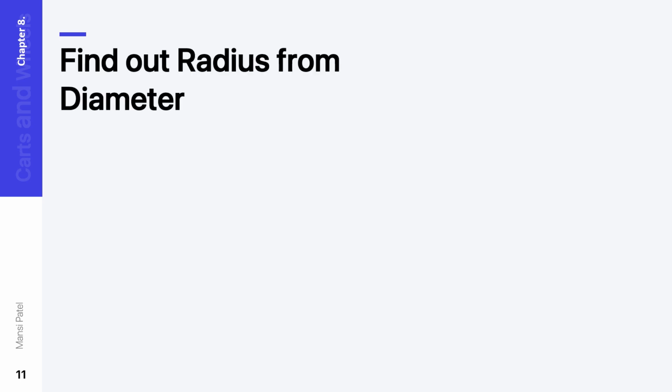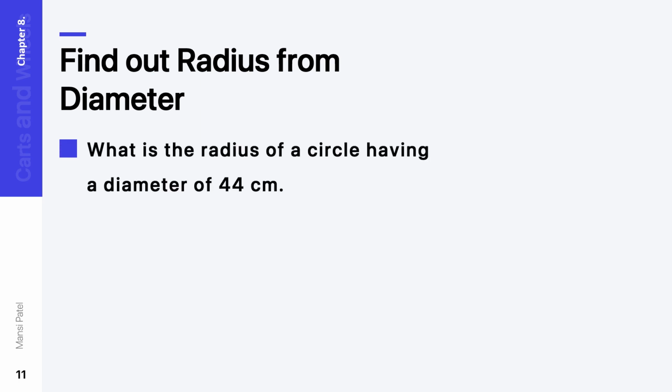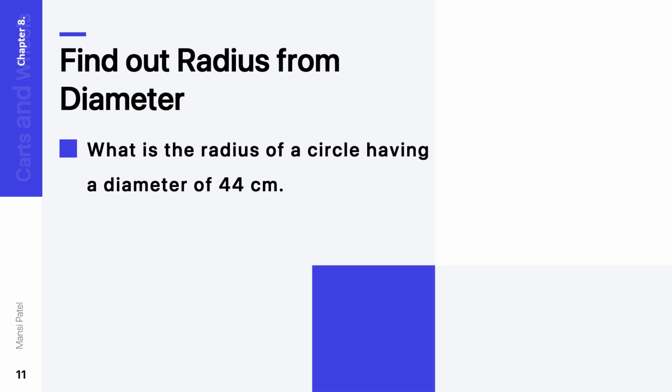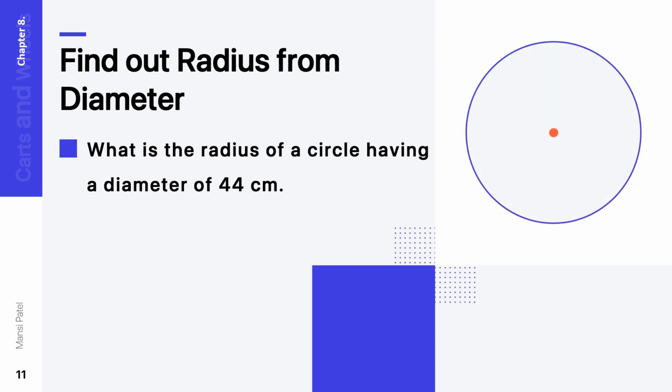Let us see another example to find out the radius from the diameter. In this question, what is the radius of a circle having a diameter of 44 centimeter? The measurement of the diameter is given as 44 centimeter and you have to find out the radius. So what you have to do is just take half of 44.